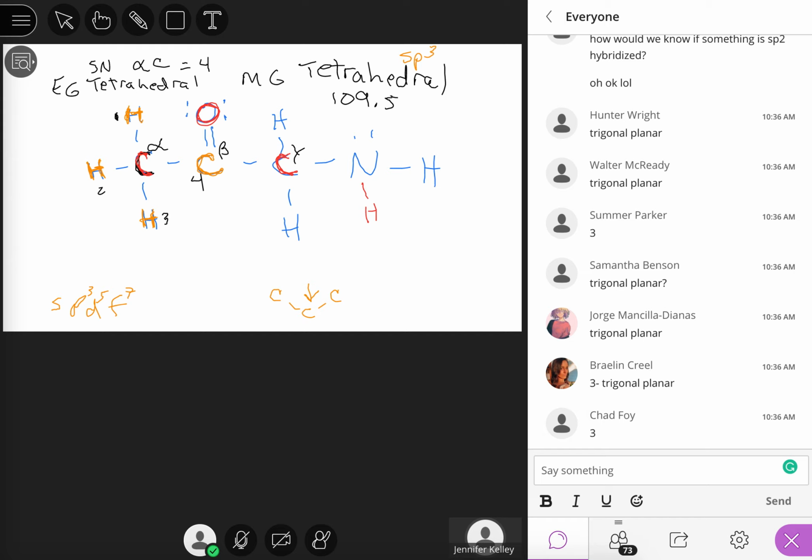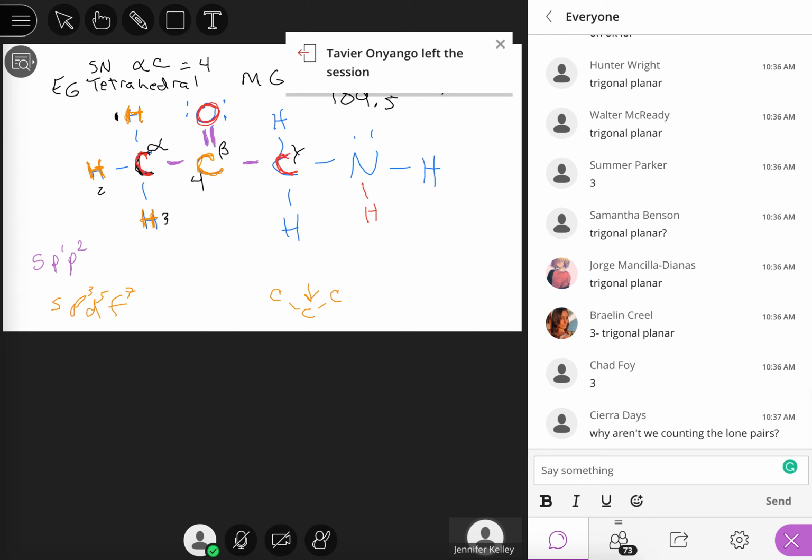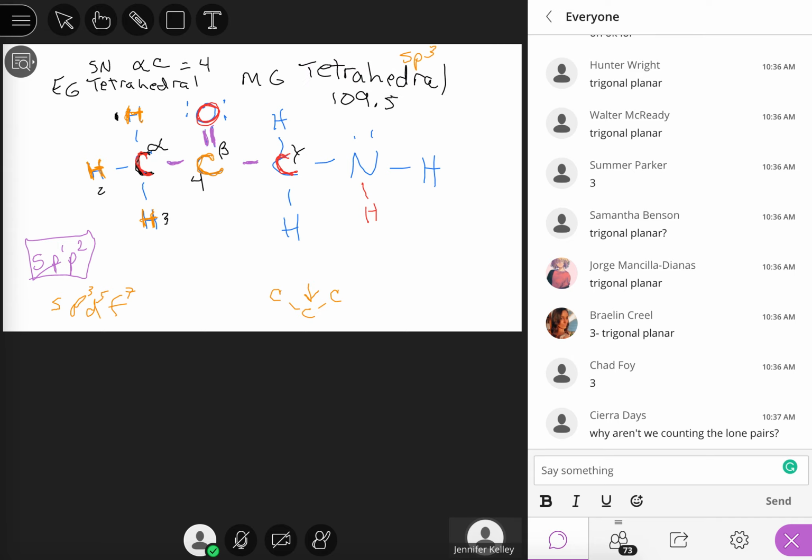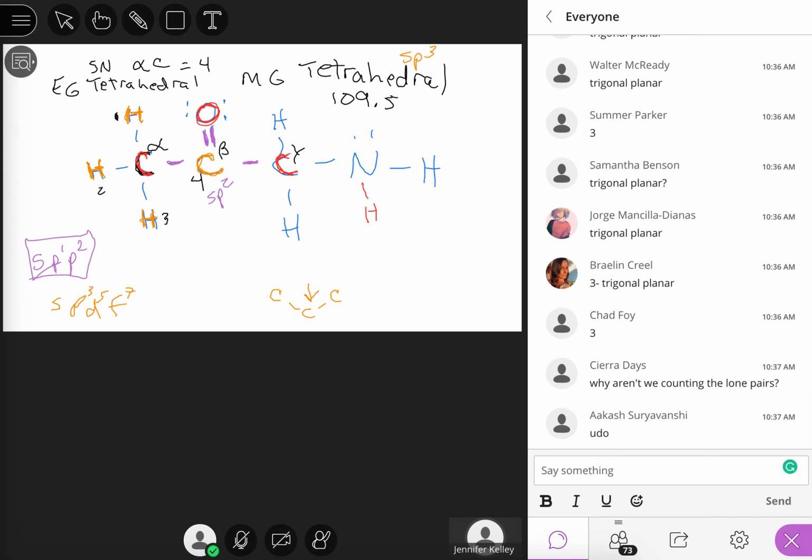So I just say electron areas. Also, that would include a lone pair. So here's 1 electron area, here's a second one, and a third one. So we've got S, P1, P2, so that's 3, and you're finished at that point. So this one is going to be sp2.